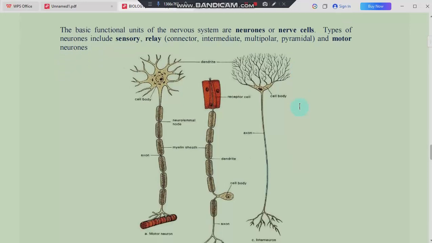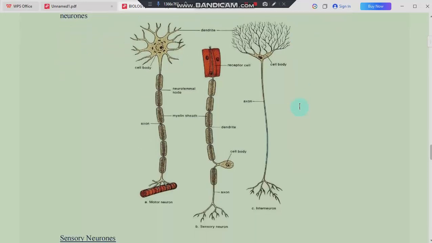All right. So talking a little bit about the three basic neurons that we have mentioned, we have the sensory neuron that we can see here in the middle. We can see our receptor cell. We can see the structure of the dendrite. We can see the structure of the myelin sheath, and we can see our long structure of the axon.